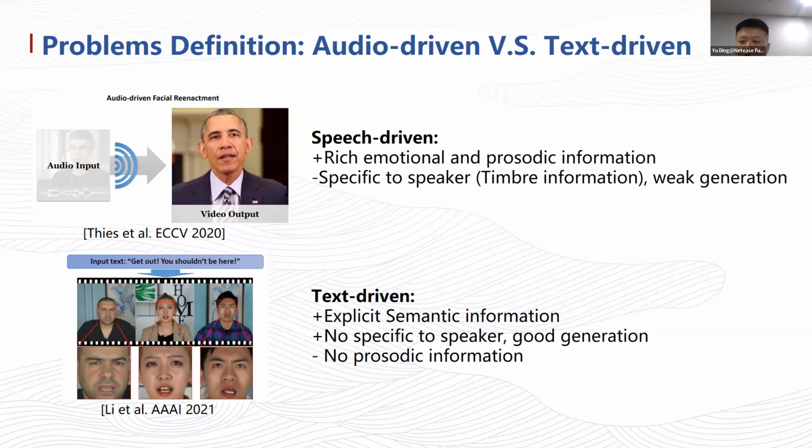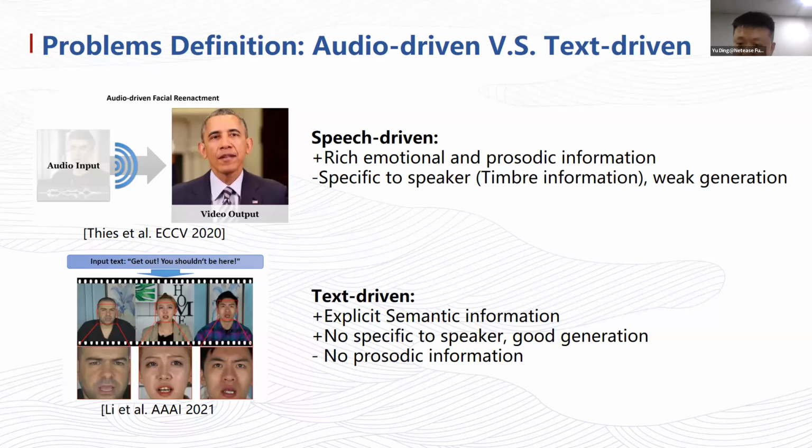Removing timbre information relies on a large amount of data from many speakers. It means that speech-driven methods have weak generalization. For example, if the framework is trained on male speech, it is hard to generalize to female speech. If the framework is trained on human speech, it is hard to generalize to synthetic speech.